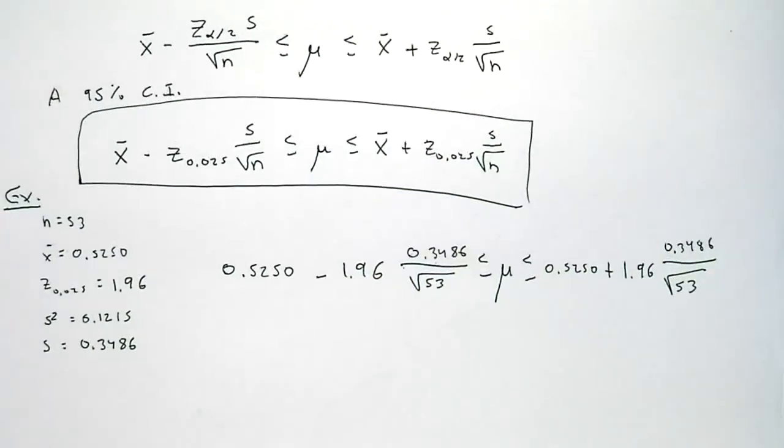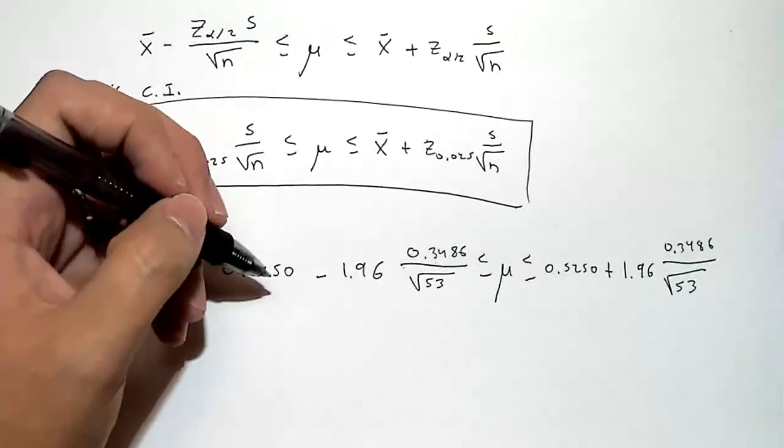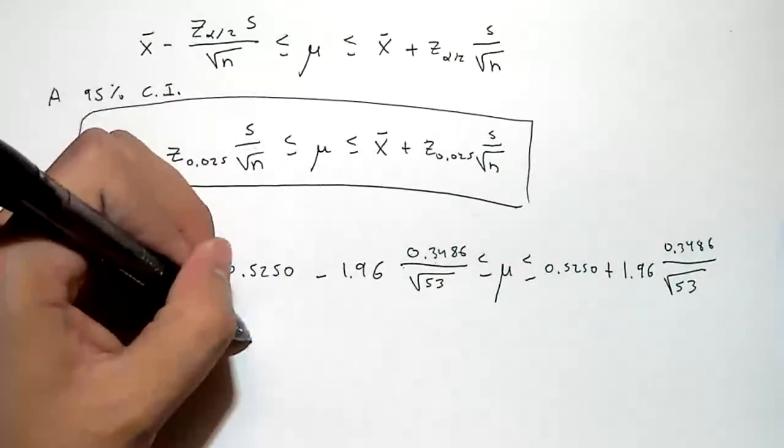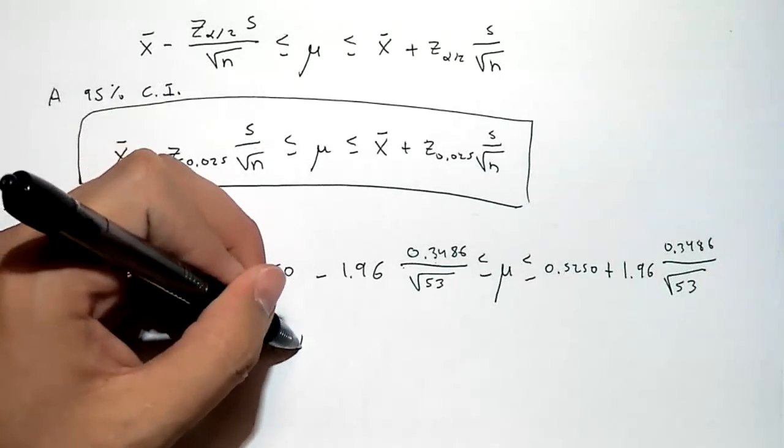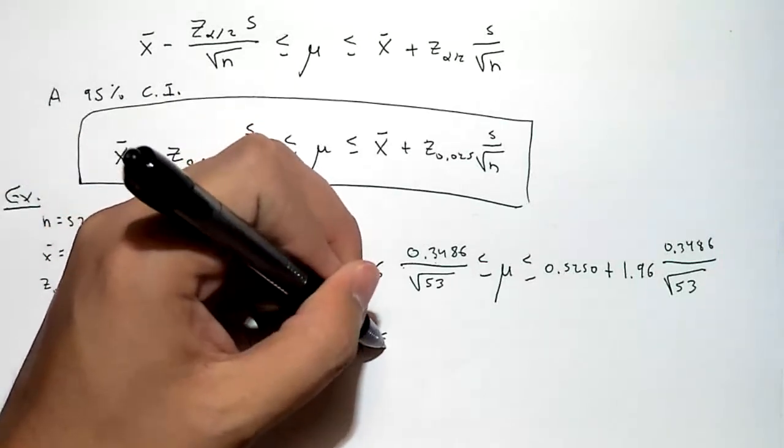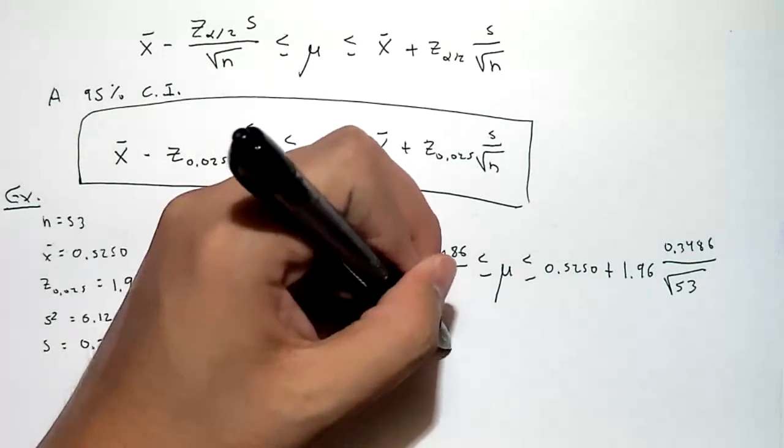And if I do a little bit of math and solve these values, I will get that there's a 95% probability that my mean is in between 0.4311 and 0.6189.